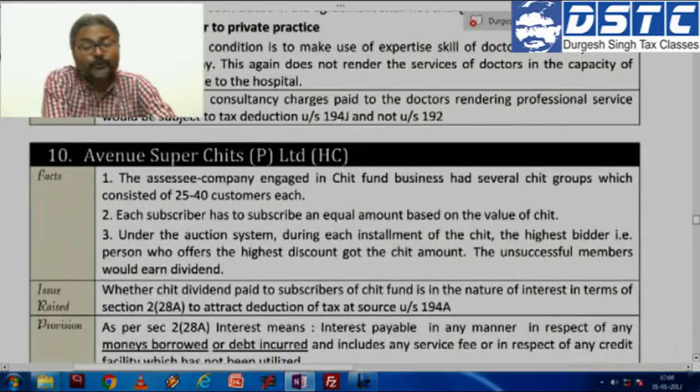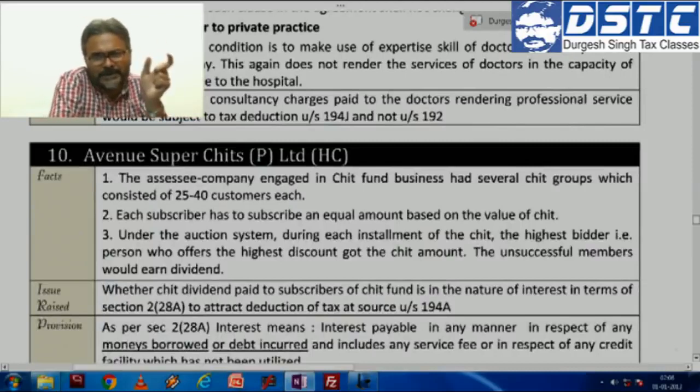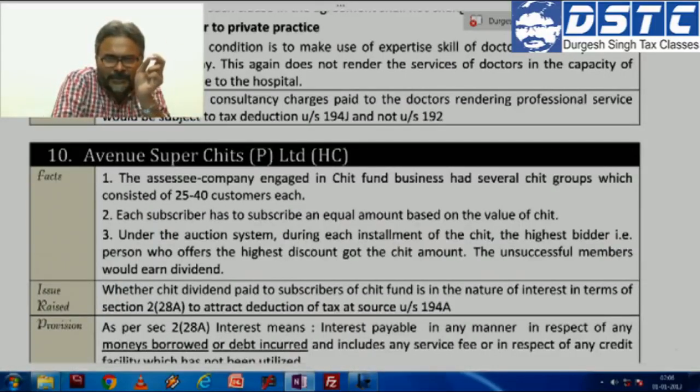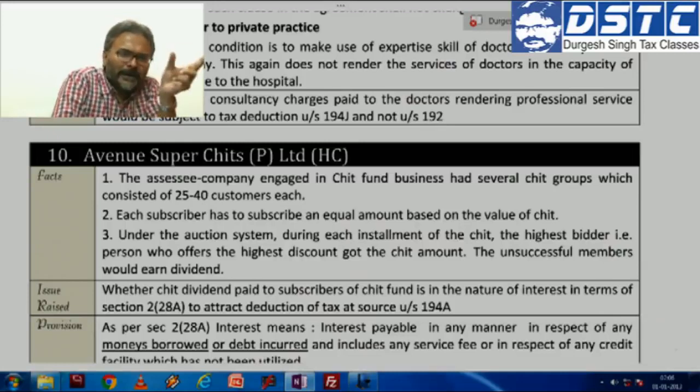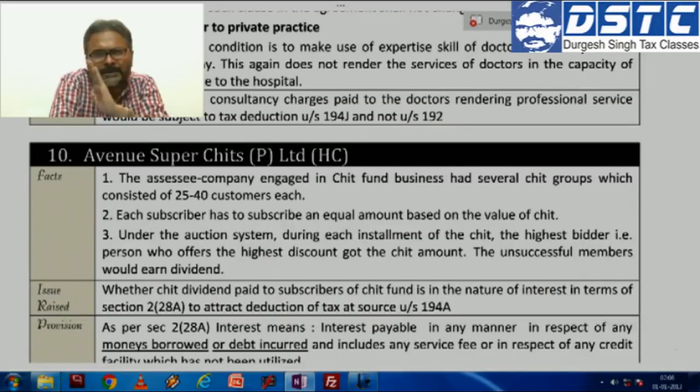Next, Avenue Chit, Super Chit Private Limited, again a TDS section, 194A. Students, what happens in a chit case, you may be aware. Everyone will contribute the chit amount, say 1000 rupees, and there are 30 members, so every month they are contributing 1000 rupees. 30,000 is the fund which has been collected.